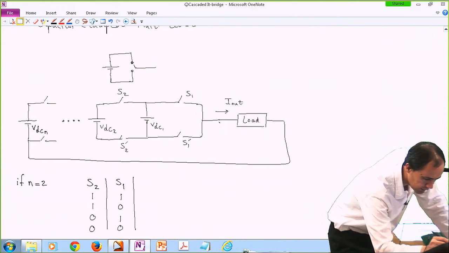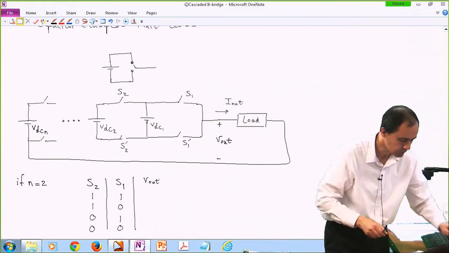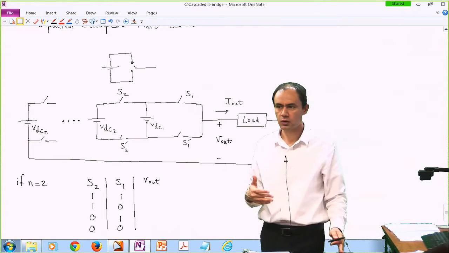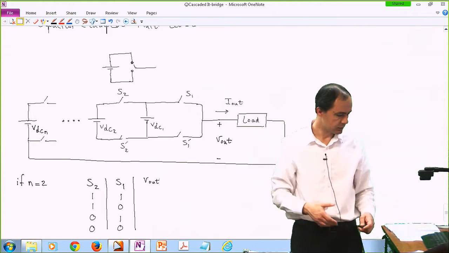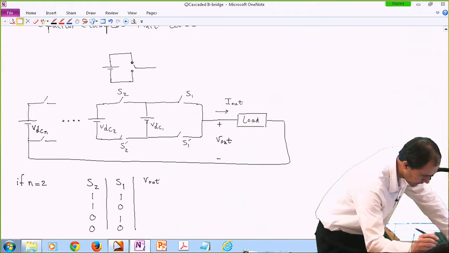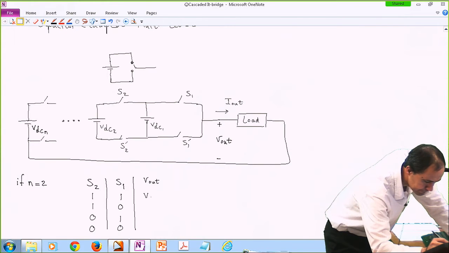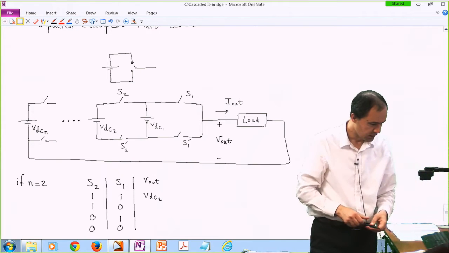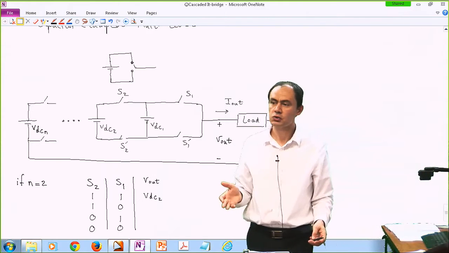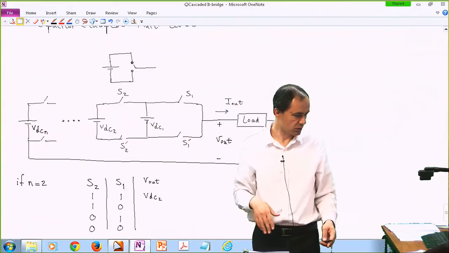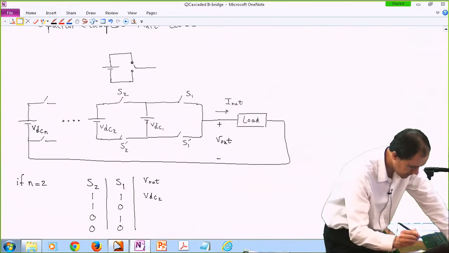Now looking at V out, for instance, if S1 and S2 are both on, V out is VDC2. If S1 is on and S2 is off, or S2 prime is on, V out will be VDC1.